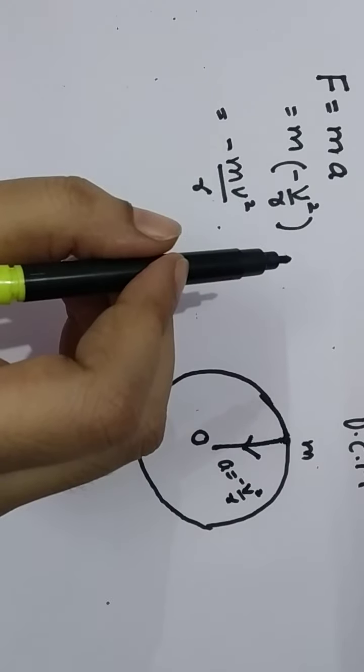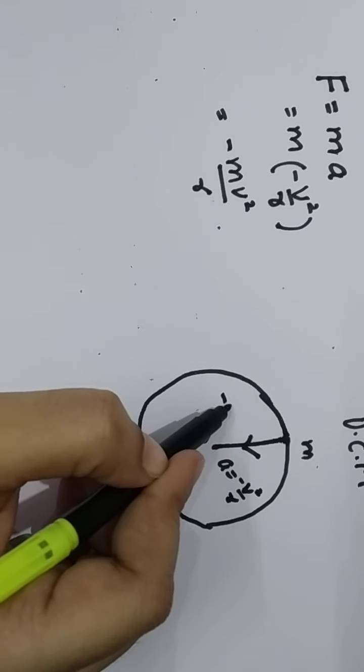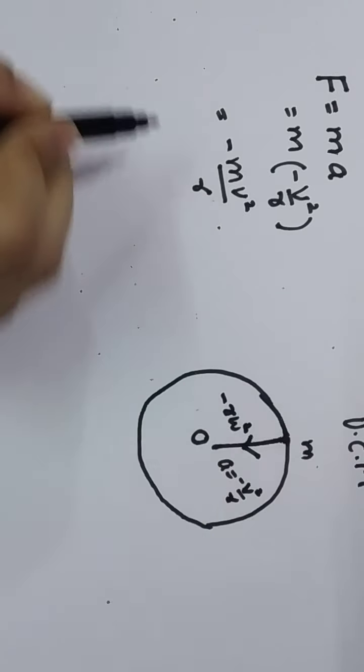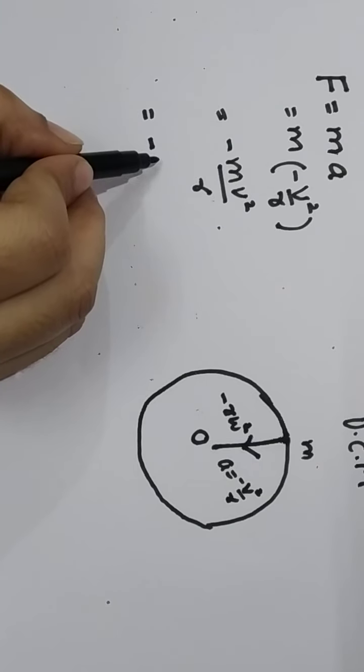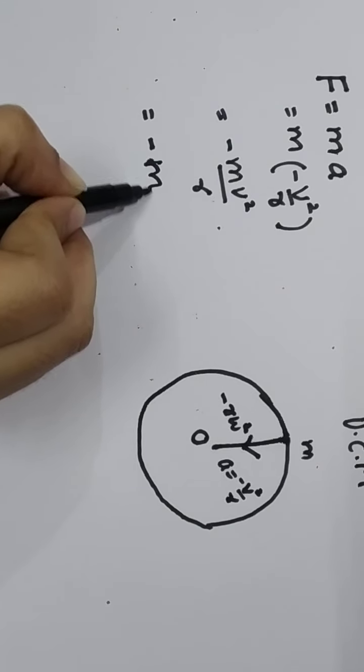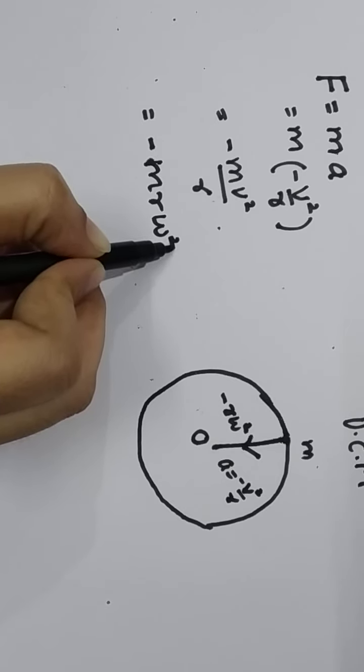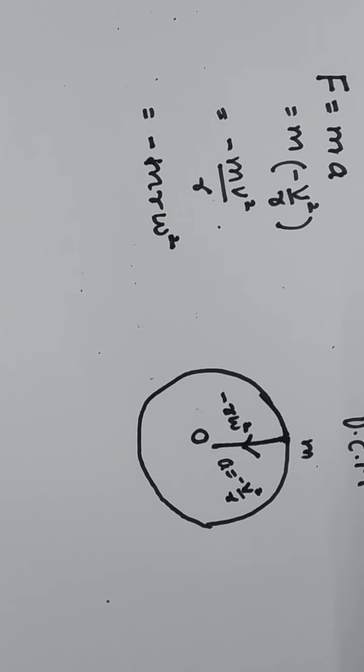Acceleration also has the formula minus r omega square, so this force also has the formula minus m r omega square. Now what do you say about this force? What is the direction of this force?